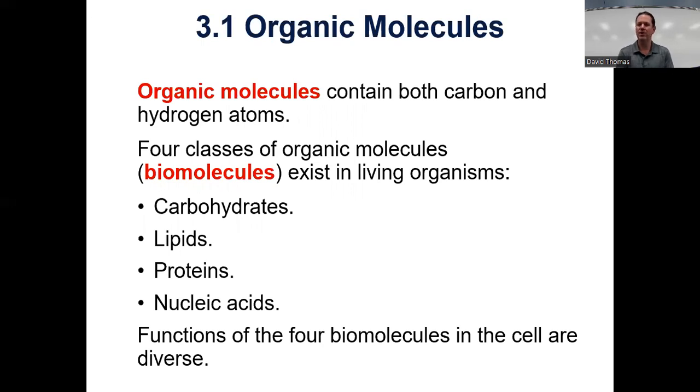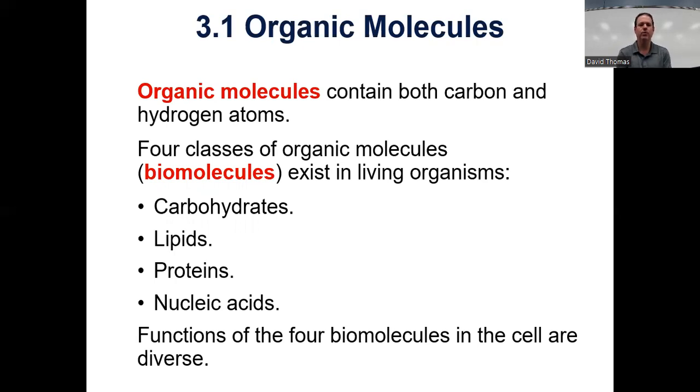Organic molecules. When we hear that word organic, it has other meanings in our day-to-day lives, because a lot of us realize that organic sometimes refers to something that's natural or grown in an organic way, without extra fertilizers, chemicals, or pesticides. That's a perfectly valid definition.